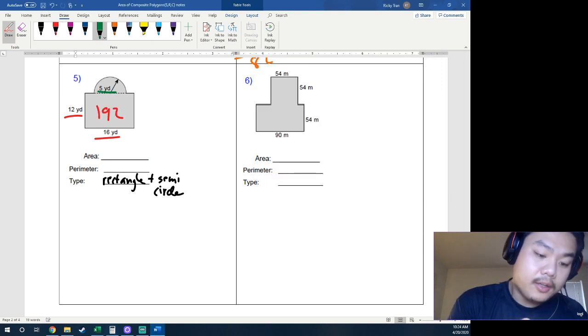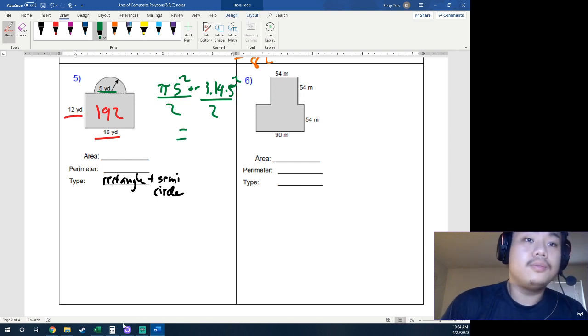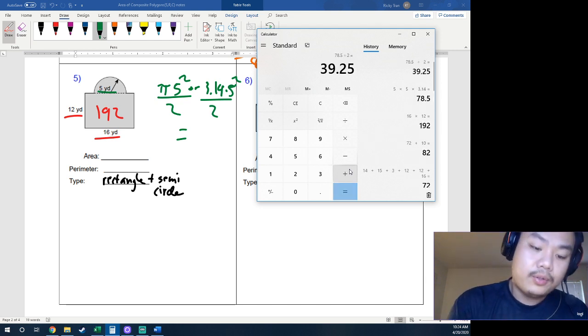And then this area here is going to be pi r squared, 3.14 times 5 squared, divided by 2, which is 5 times 5 times 3.14 divided by 2, 39.25.